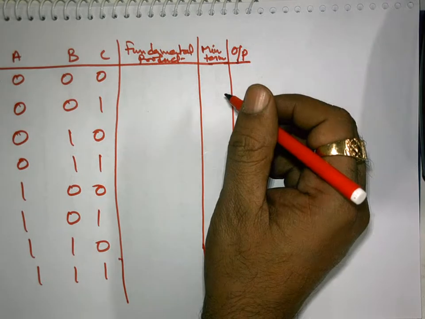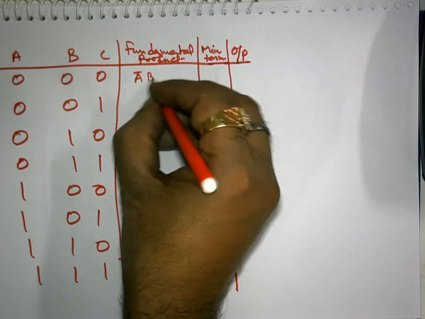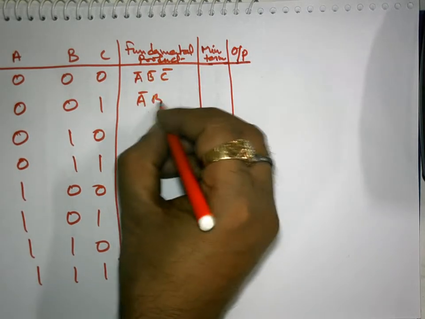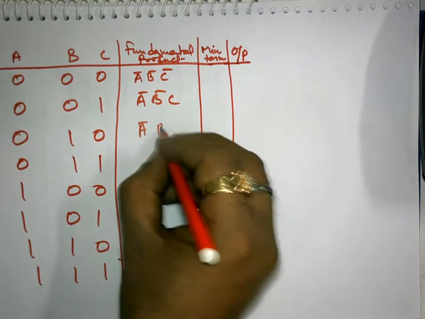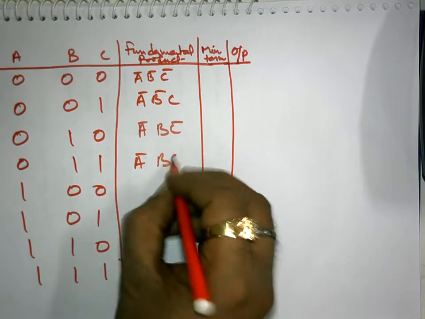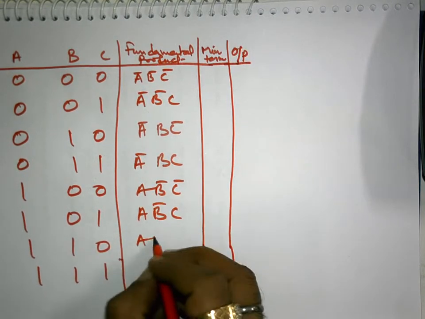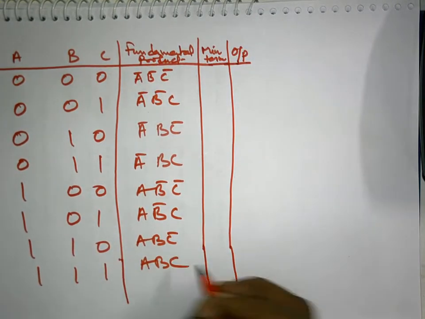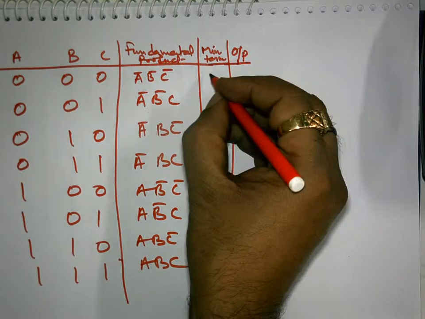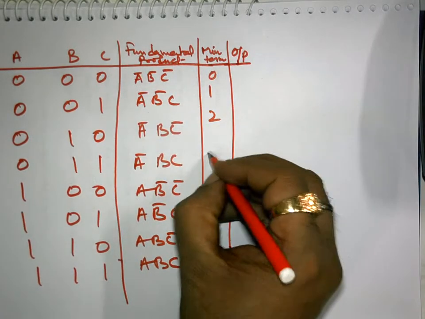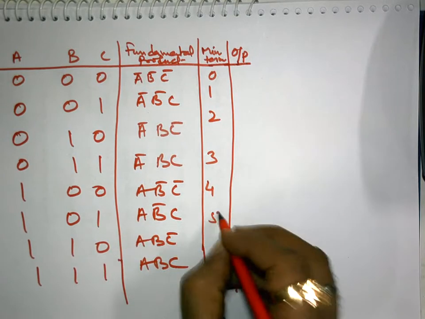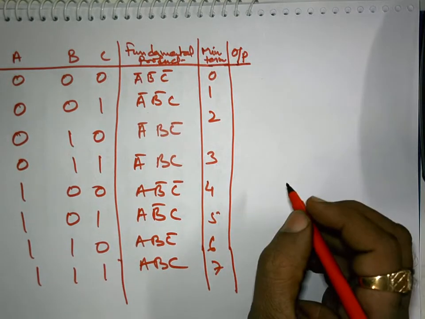You can write down the fundamental product terms. This is A bar B bar C bar, A bar B bar C, A bar B C bar, A bar B C, A B bar C bar, A B bar C, A B C bar, and A B C. Similarly, min terms 0, 1, 2, 3, 4, 5, 6, 7.